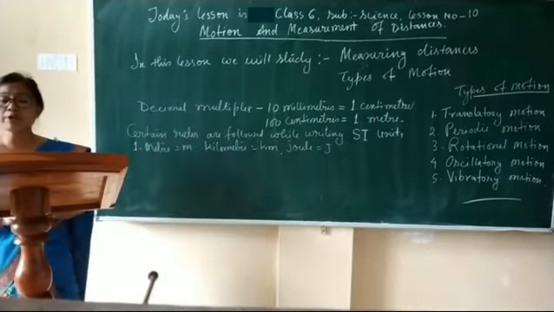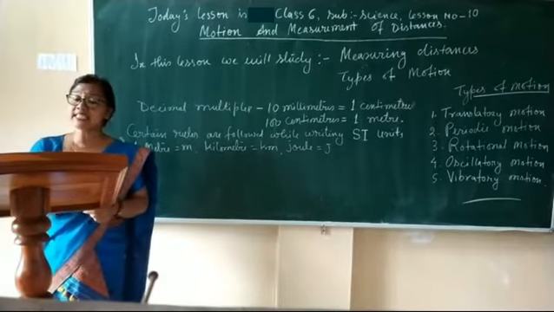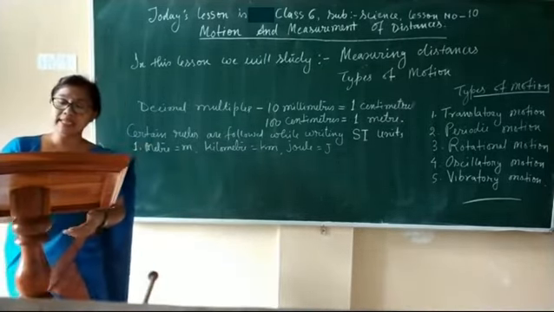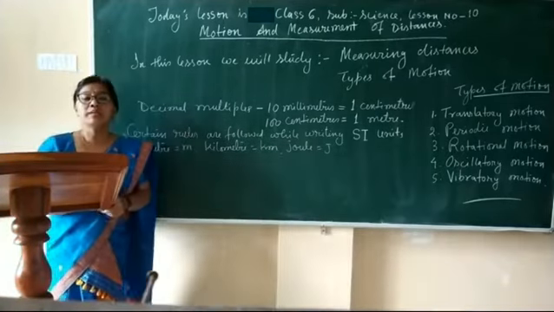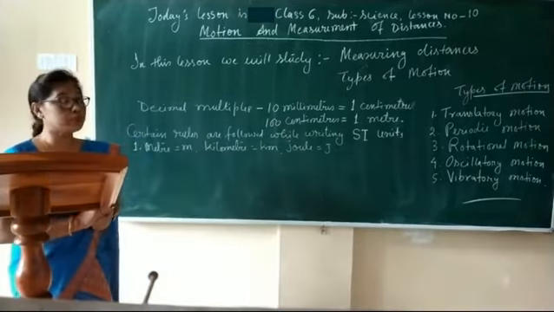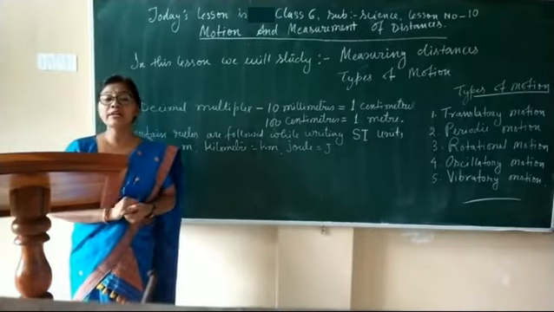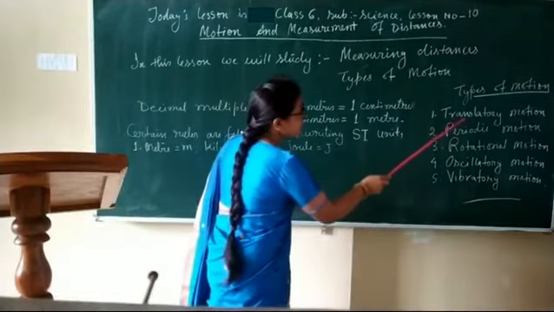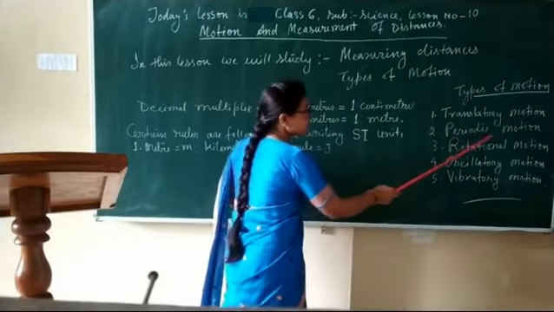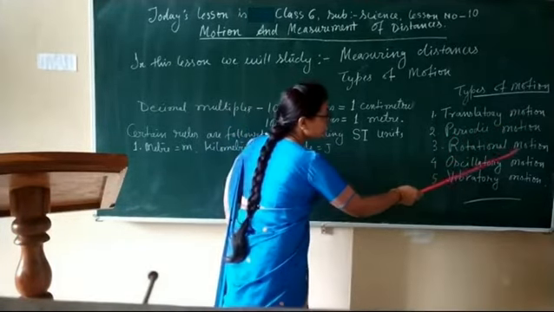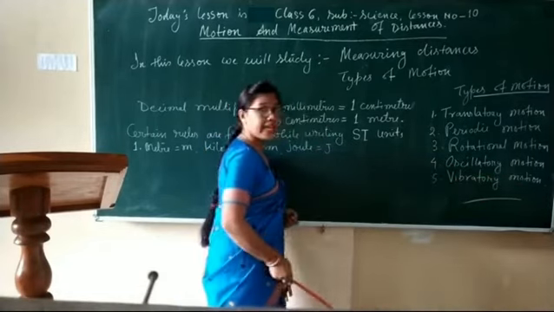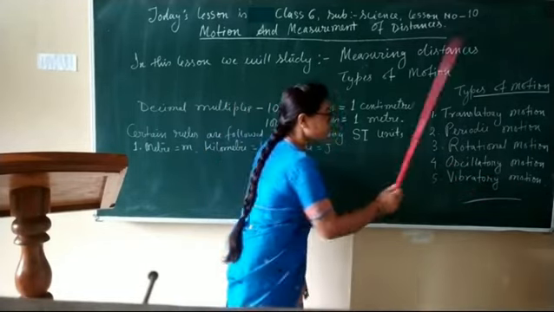The motion of an object can be in a straight path, or it can be in a random path. Now, types of motion. There are 5 types of motion. They are translatory motion, periodic motion, rotational motion, oscillatory motion, and vibratory motion.